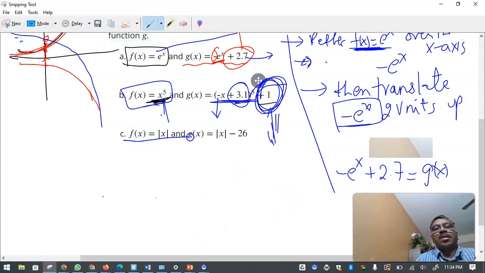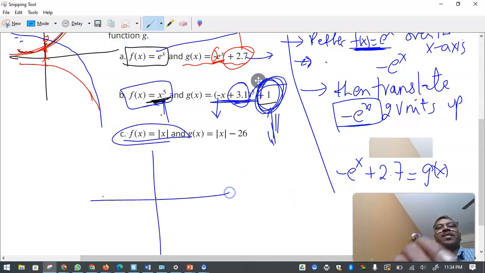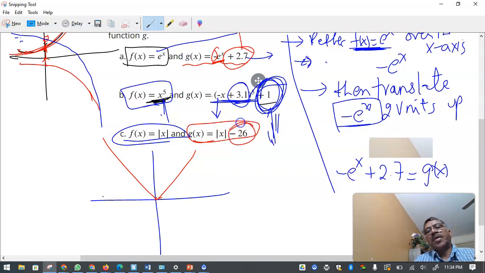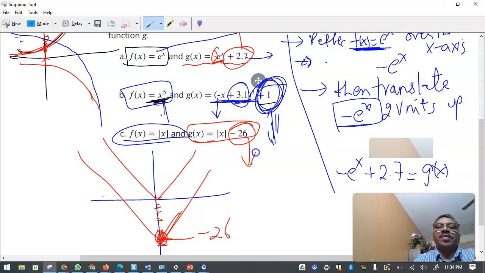The original function is the absolute value function. Because what is the absolute value function? It's a V shape, right? So what that means is you are shifting this graph 1, 2, 3, 4, 5, 6, 7, 8, 10, 20, 30. So somewhere here is minus 26. So this graph goes 26 units down.